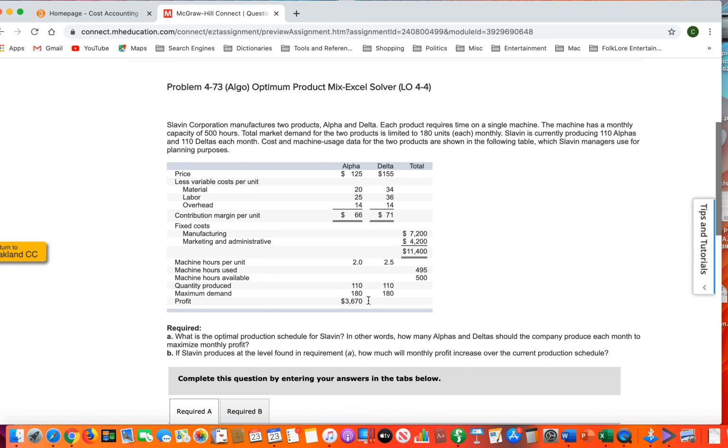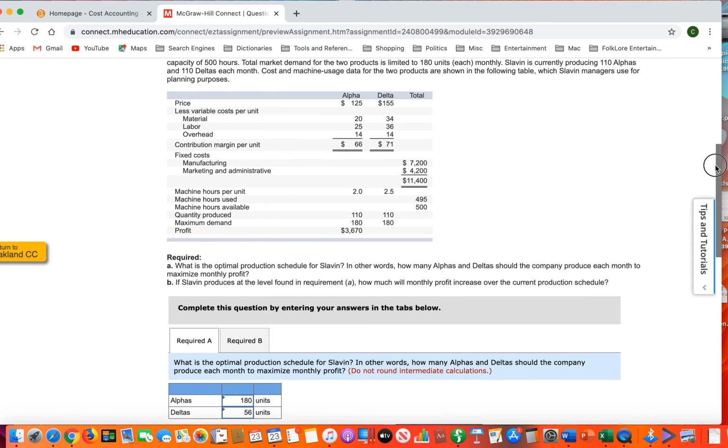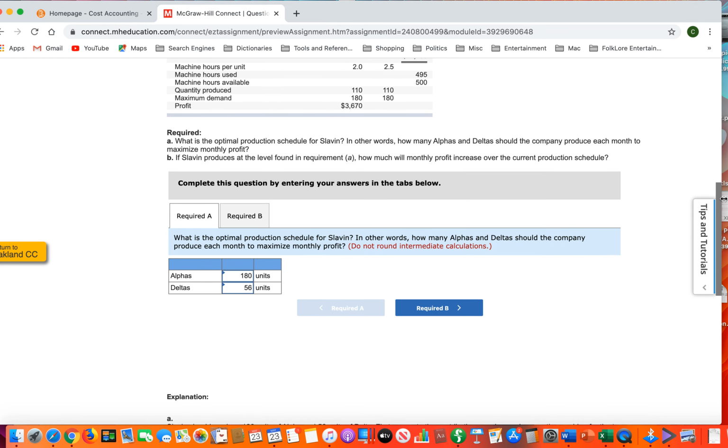Okay, and so you can produce 56 of those, and that would be times 155, and that's another 8,000. So altogether, your profit would be just over 30,000. You see 180 units and 56.